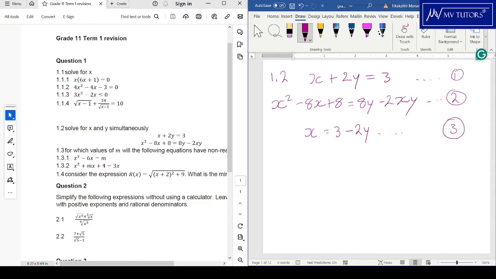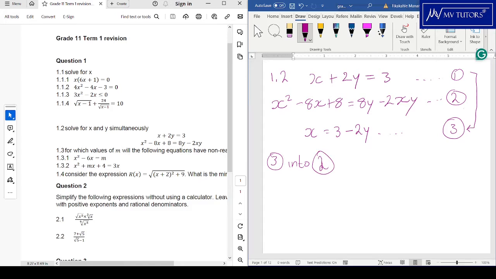From there, I used equation 1 to create equation 3, which means I cannot substitute into equation 1, but I substitute equation 3 into equation 1. No, equation 2, because I've already used 1, so I can't use it again.